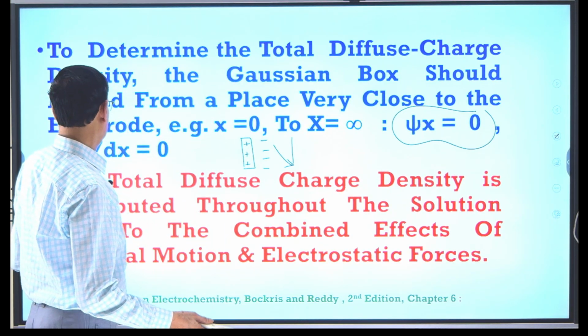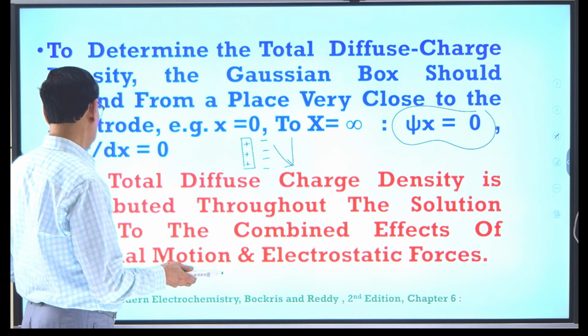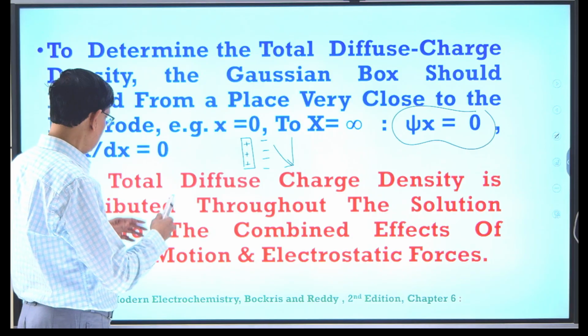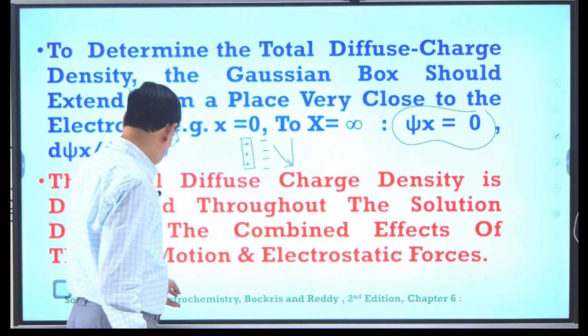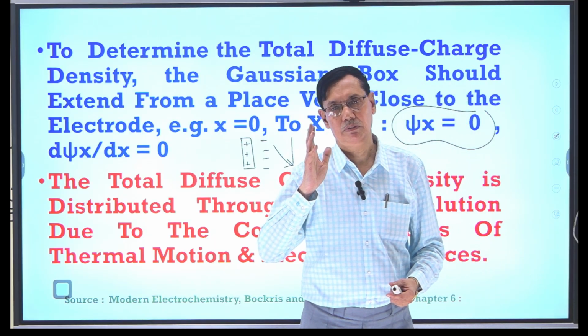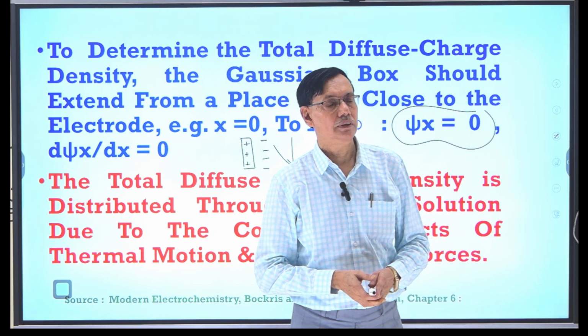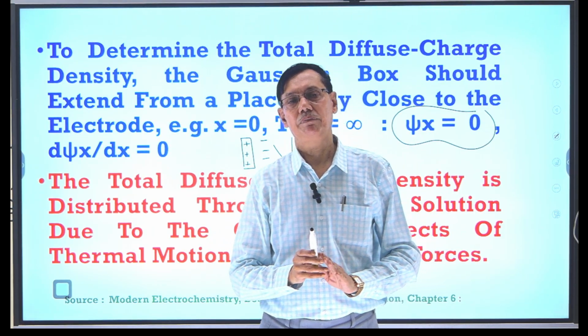Potential becomes 0. The total diffuse charge density is distributed throughout the solution due to the combined effects of the thermal motion and electrostatic forces. And I am taking that statement from Modern Electrochemistry by Bockris and Reddy. And this is the difference between the Helmholtz layer and the Gouy and Chapman. In the Helmholtz layer no thermal motion is happening.